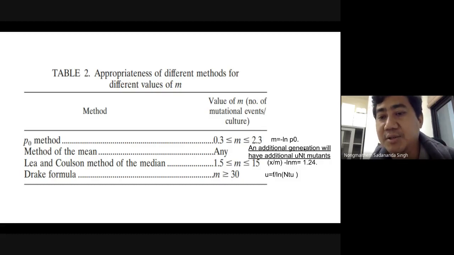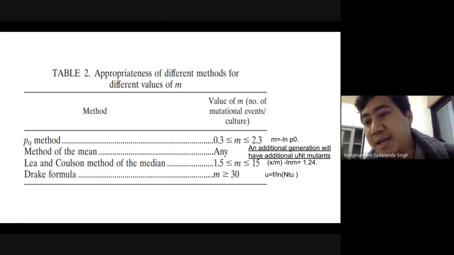So you have to calculate the number of mutants in one generation. Suppose it's the third generation, you find the number of mutants in the third generation, then you go to the fourth generation and see how many mutants are there in the culture.